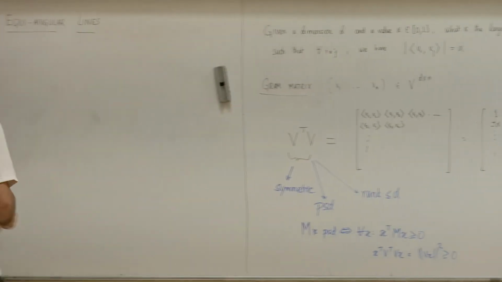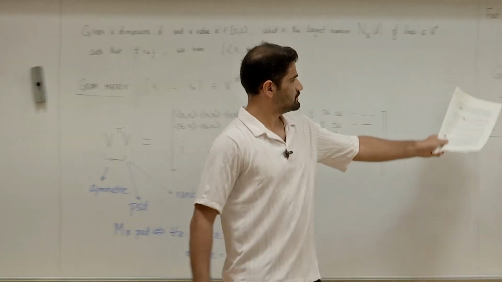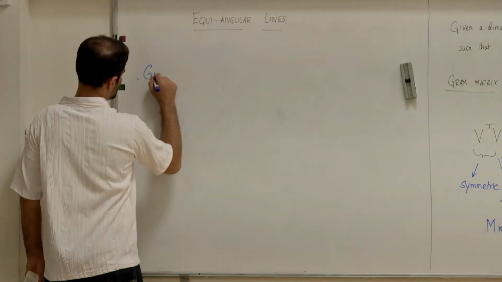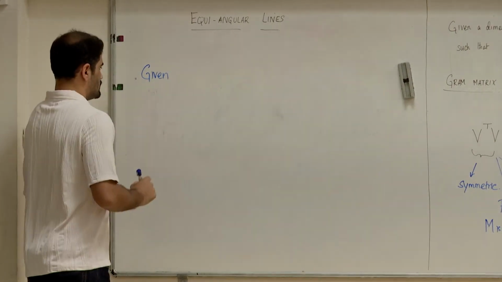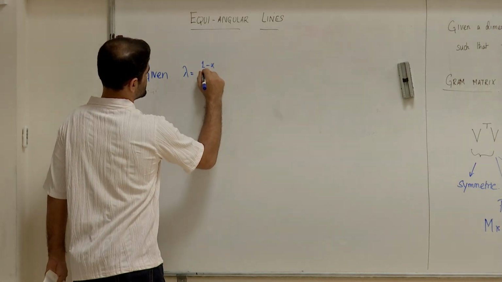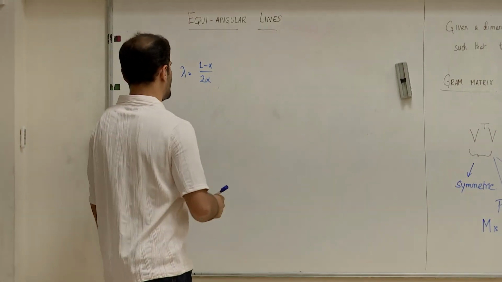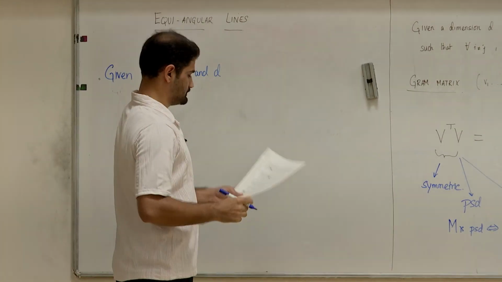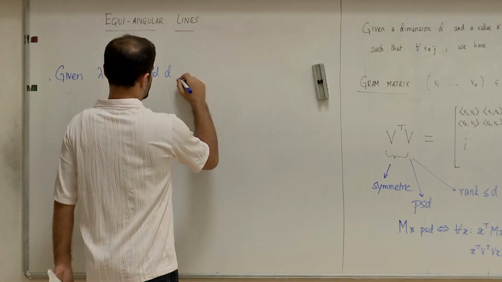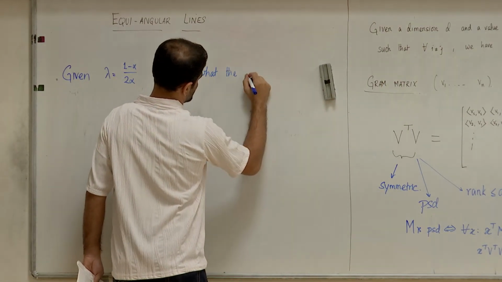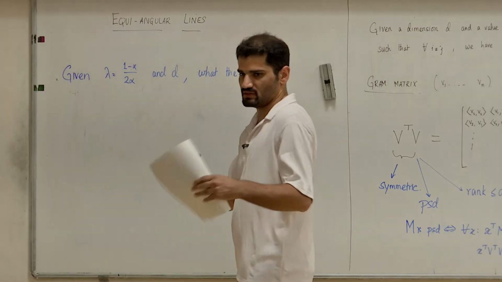Okay, so our question now is: given lambda, which in terms of alpha is just this, and D, what is the largest graph? Largest in terms of the number of vertices.